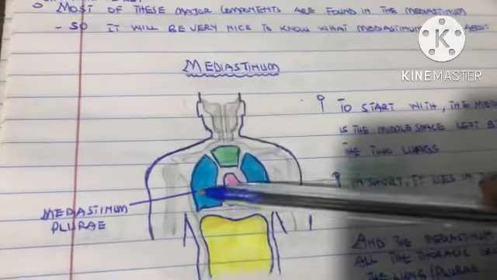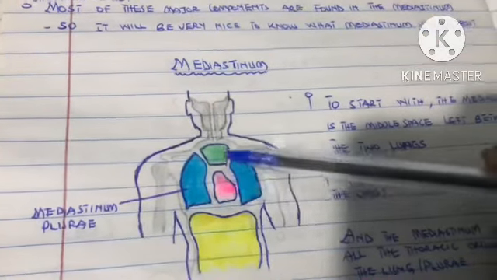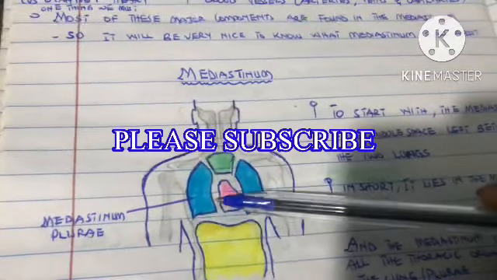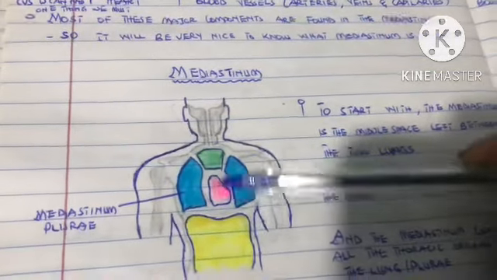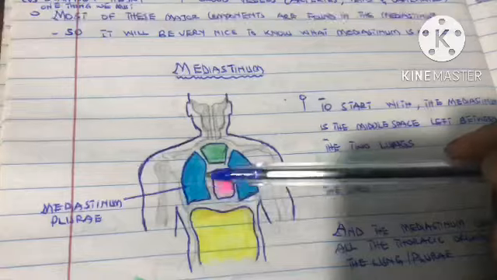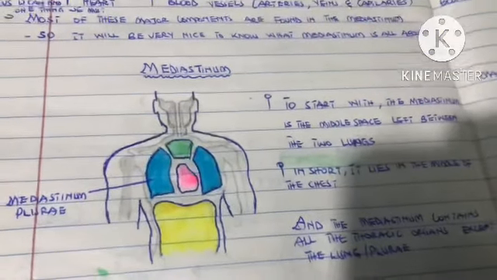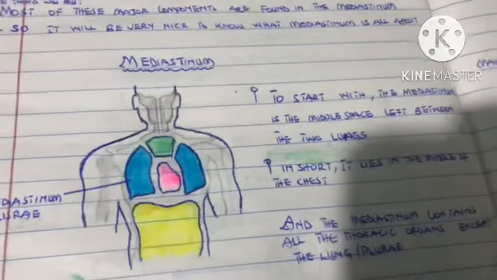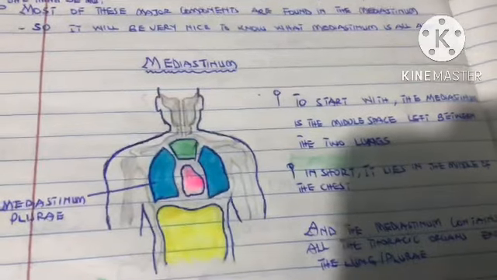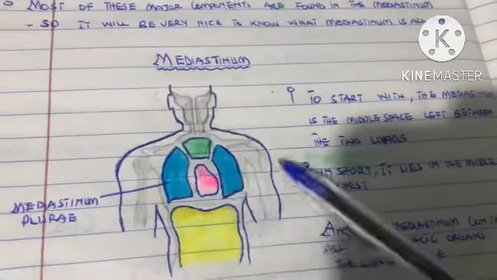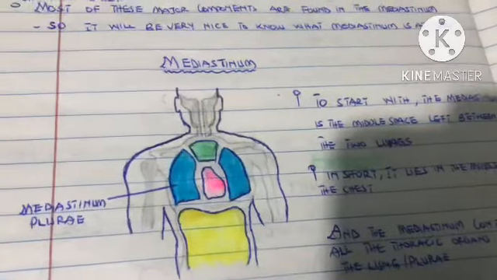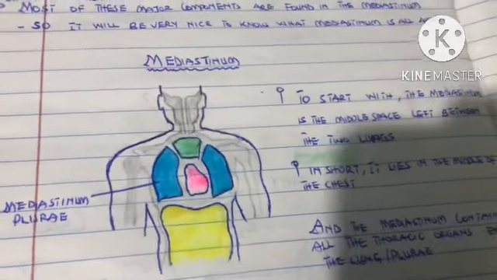So the middle space between these two lungs actually is the what? The mediastinum. Or in short, we can say that it is the middle part of the chest. And the mediastinum contains all the thoracic organs except the lungs or pleura. So it contains all the thoracic organs like the heart and the other components, except the lungs.